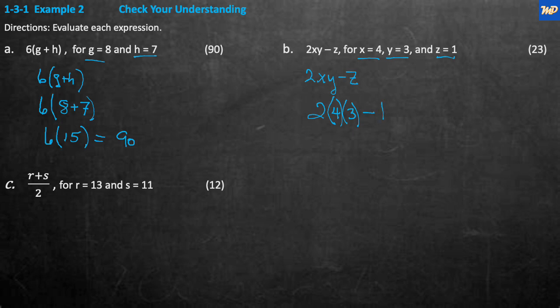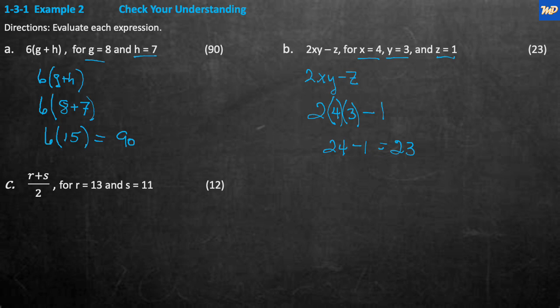So we're going to put a 1 here. We have to do all the multiplication before we can do the subtraction. And the multiplication says 2 times 4 is 8, times 3 is 24, minus 1 is equal to 23.